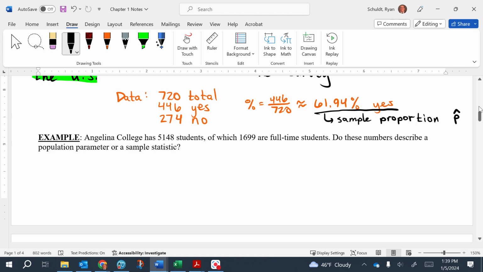Are those numbers talking about a parameter or a statistic? Parameter? What made y'all say that? Because it's the whole college. It's the whole college. That's right. So this is going to be a parameter, because we're looking at the whole college.